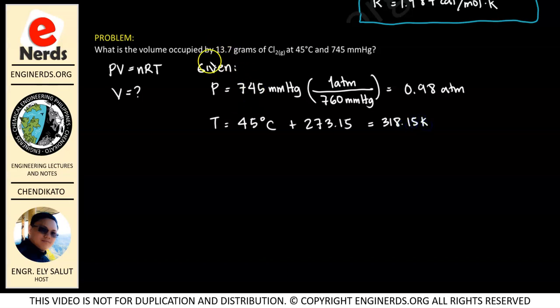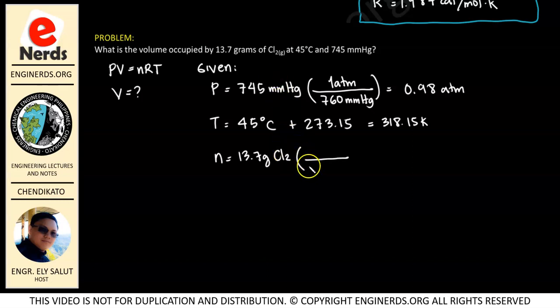And then we have 13.7 grams of Cl2. So we have 13.7 grams of Cl2. Now we need to get the number of moles of our Cl2. So therefore, we're going to divide that to our molecular weight. So the molecular weight of Cl2, okay, so we have 2 of chlorine here.